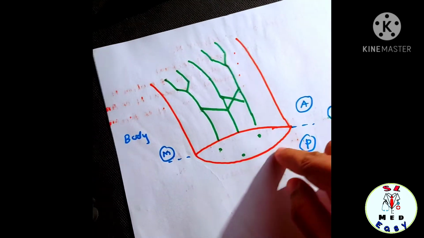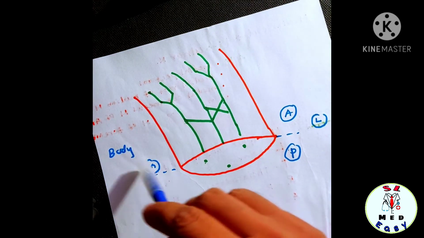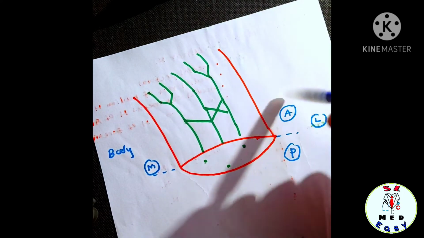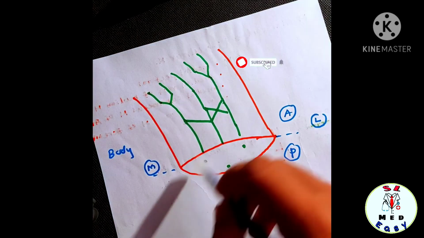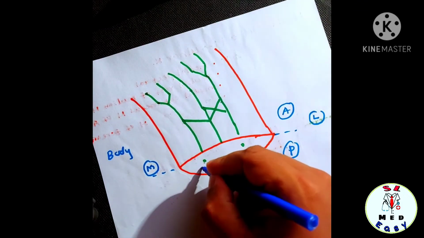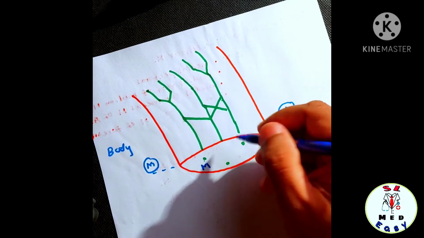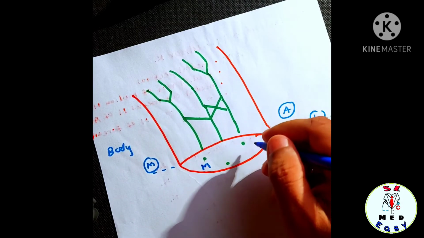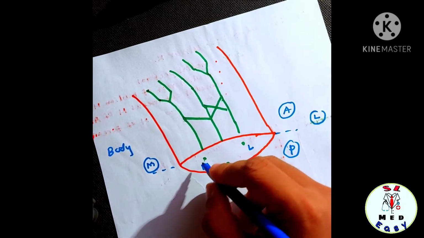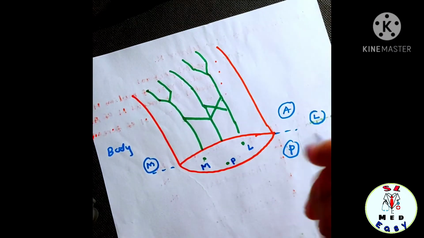You can see in this picture clearly, this is the lateral side, this is the medial side, this is the body. Okay, right? This is the anterior, meaning this side, and this is the posterior. So one cord is running nearest to the body, that is the medial cord. Another cord is running away from the body, that is the lateral cord. This cord is behind these two cords, so it is named the posterior cord, right?